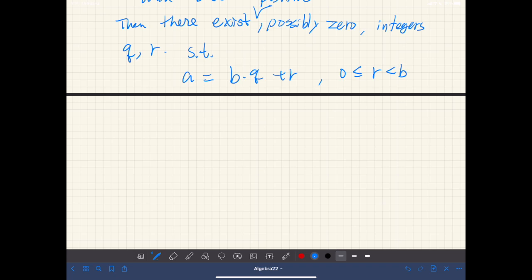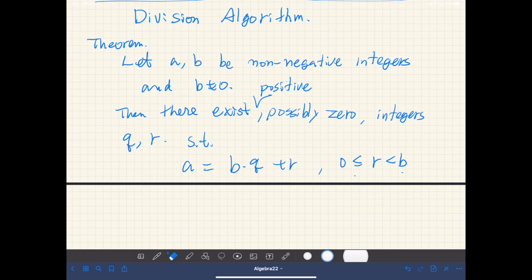So r is greater than or equal to 0 and less than b. Okay, so that's the division algorithm.